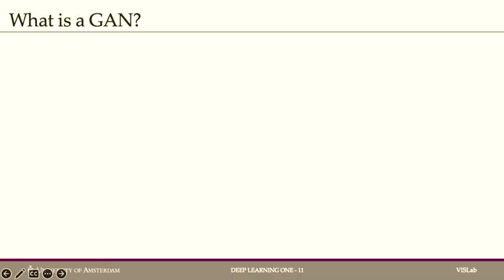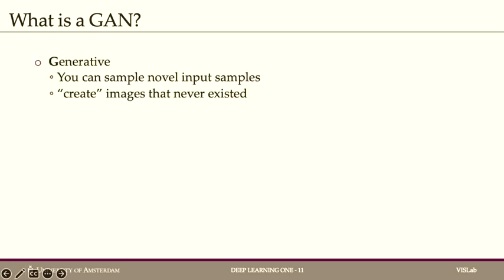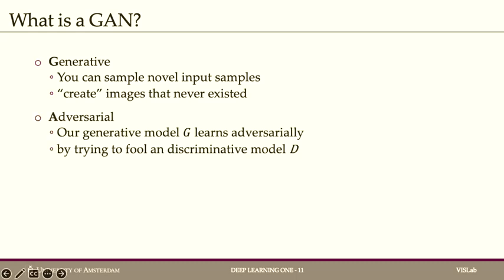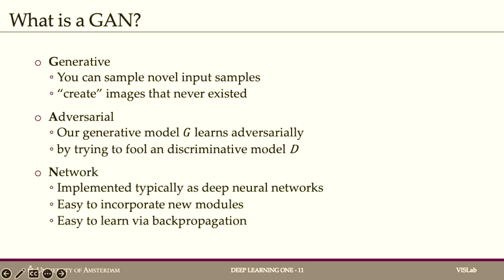So this GAN: first, the generative aspect is that you can sample novel samples. You can create new images that have never existed. The adversarial part is that the generator is being trained to adversarially fool the discriminator. And the network aspect of the GAN abbreviation is, of course, that all of these are implemented as neural networks.